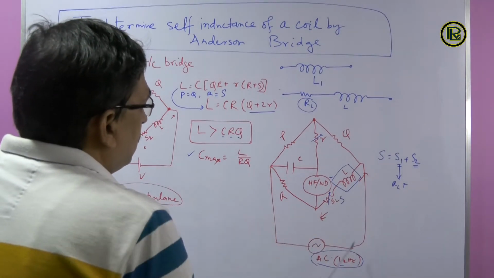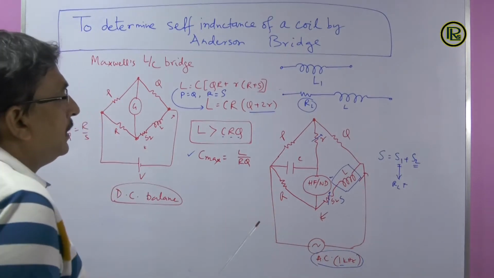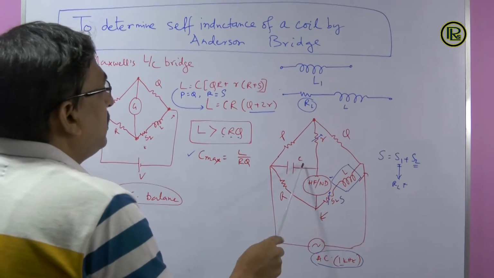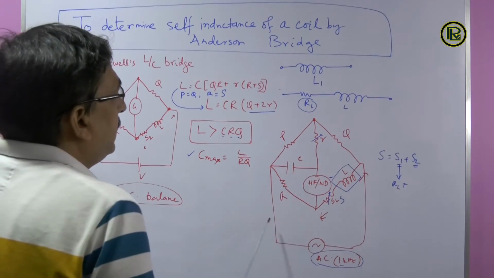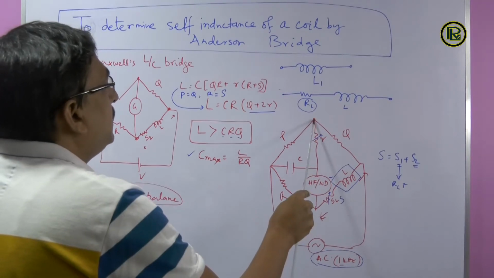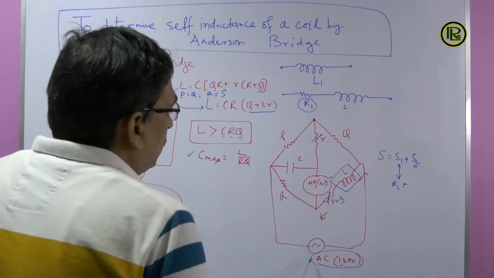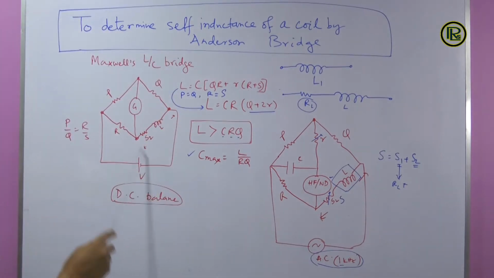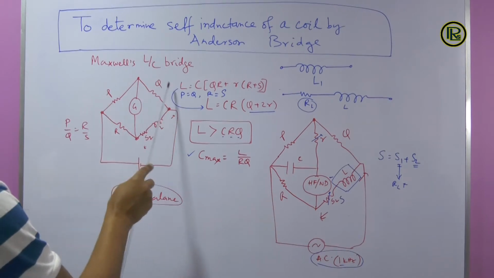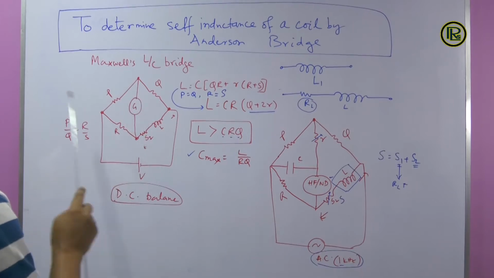For that the bridge will remain the same, like PQRS will be there, but C is not needed, r is not needed, and instead of headphone or null detector we have to use one galvanometer, and instead of AC source we have to use a DC source. This is a simple Wheatstone bridge, PQRS, and then there is a galvanometer and one power supply.